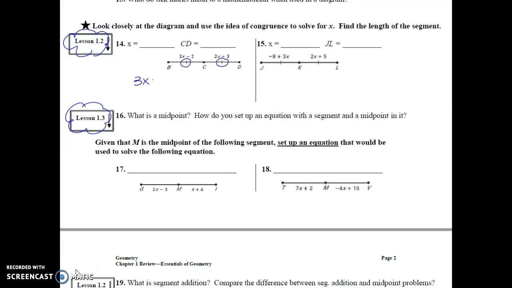So you can set up your equation with an equal sign. So make sure that you are reading the diagram, or you read the words in the direction. For question 17 and 18, they tell you that that is a midpoint. So without tick marks, they're telling you that it also is congruent.